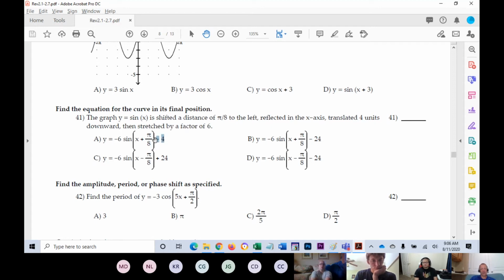Translate it 4 units downward, so that's a -4. And then stretch by a factor of 6. It's easier to see when it's multiple choice, but hopefully you could do that without a multiple choice. So when it says stretch by a factor of 6, that's just talking about the amplitude, right? Correct.